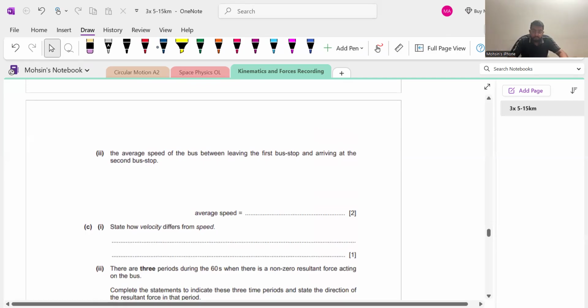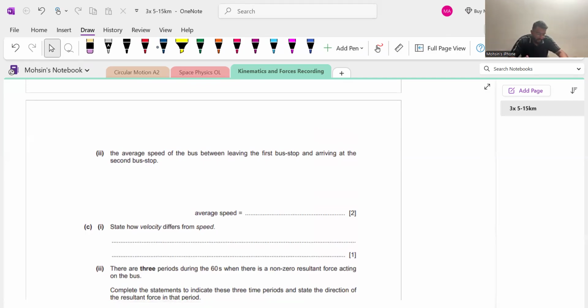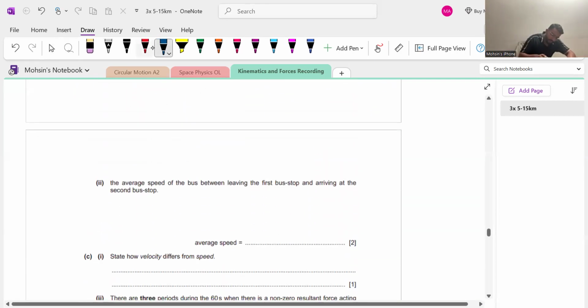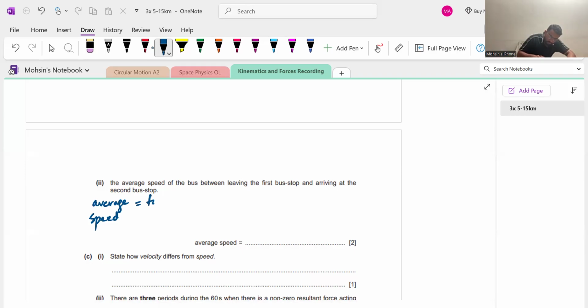The average speed of the bus between leaving the first bus stop and arriving at the second bus stop. So here, the formula for average speed is total distance over total time.